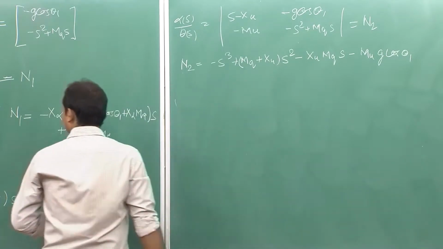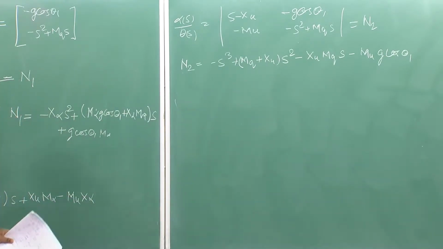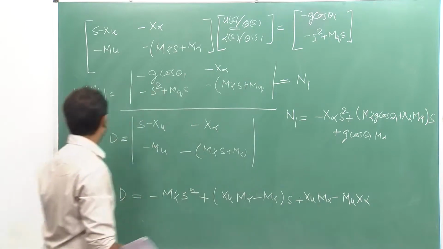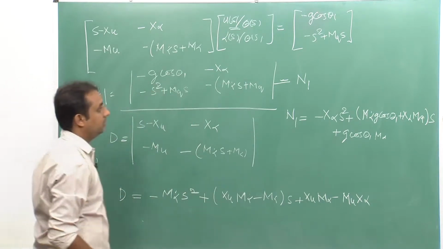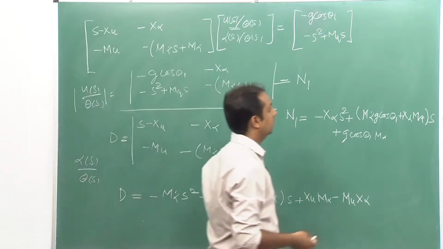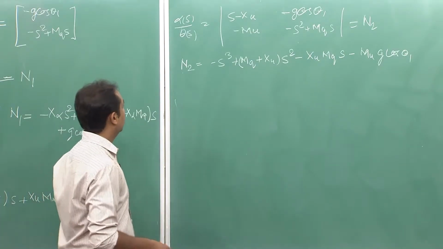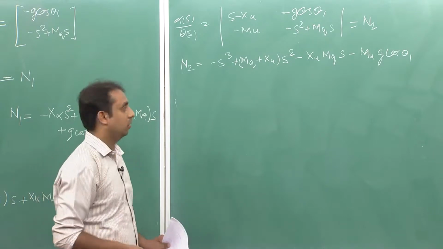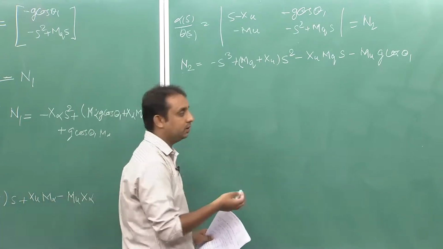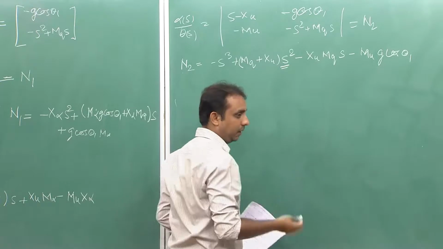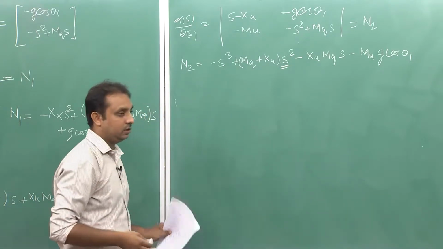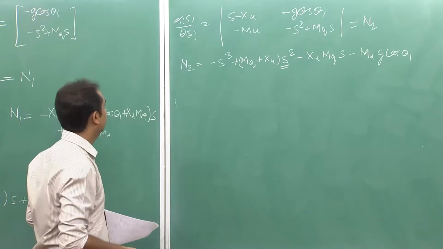Now I have got the relationship between u of s upon theta of s in terms of numerator and denominator, as well as alpha of s upon theta of s in terms of numerator and denominator. Now, the ratio of this will be in complex form, since the values of s are complex. So, you will be getting this ratio in terms of a complex number.